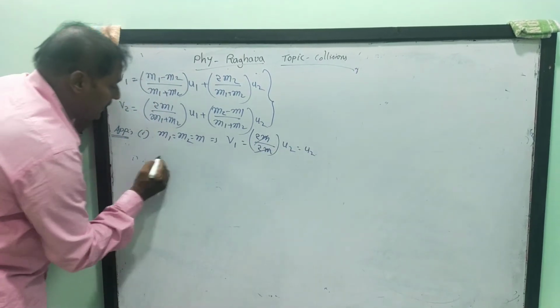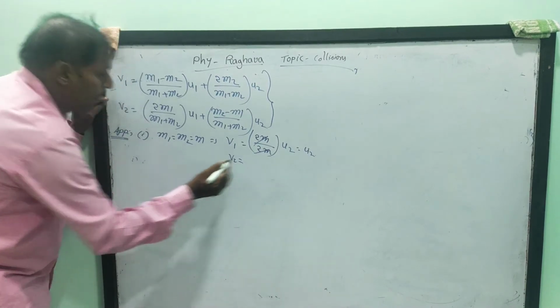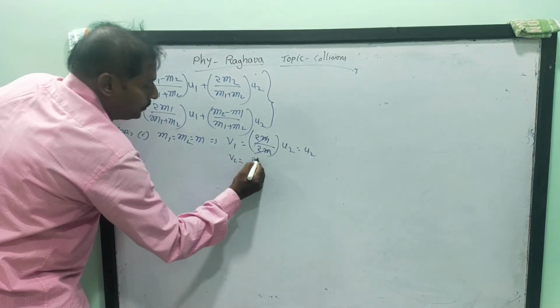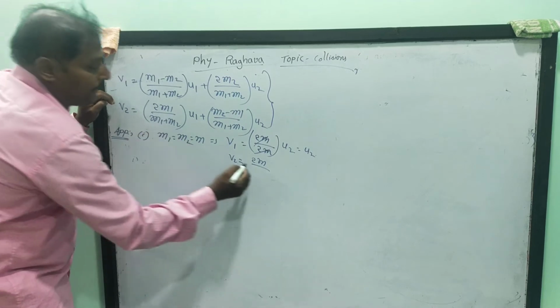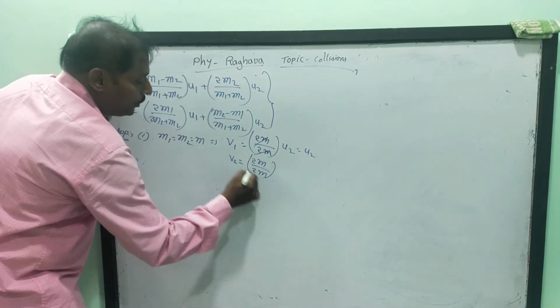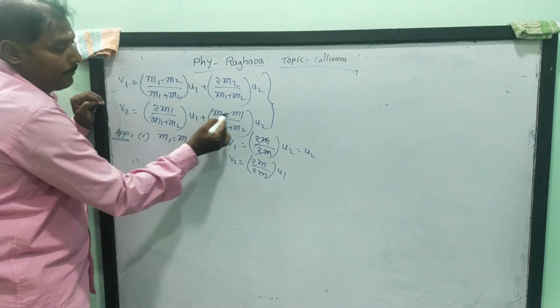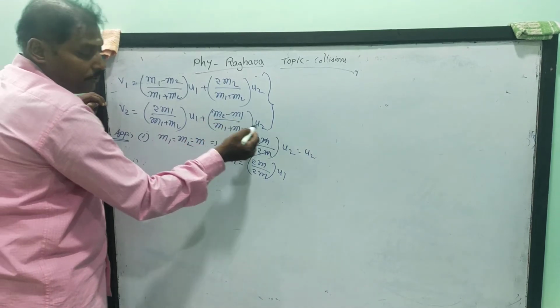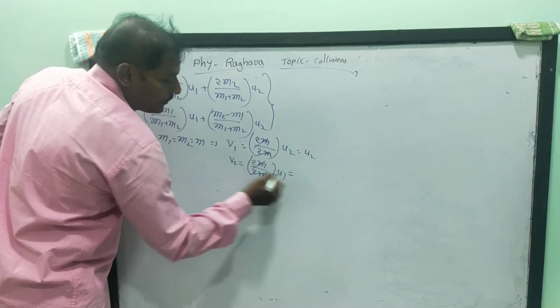And v2 is equal to 2m divided by (m plus m), 2m into u1. Here m2 and m1 are the same, so that term is 0, so we get u1.